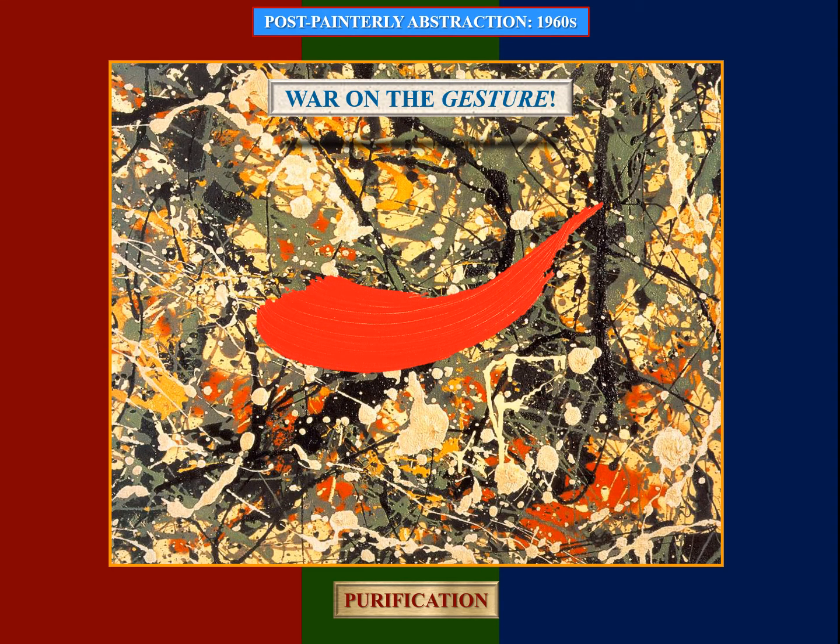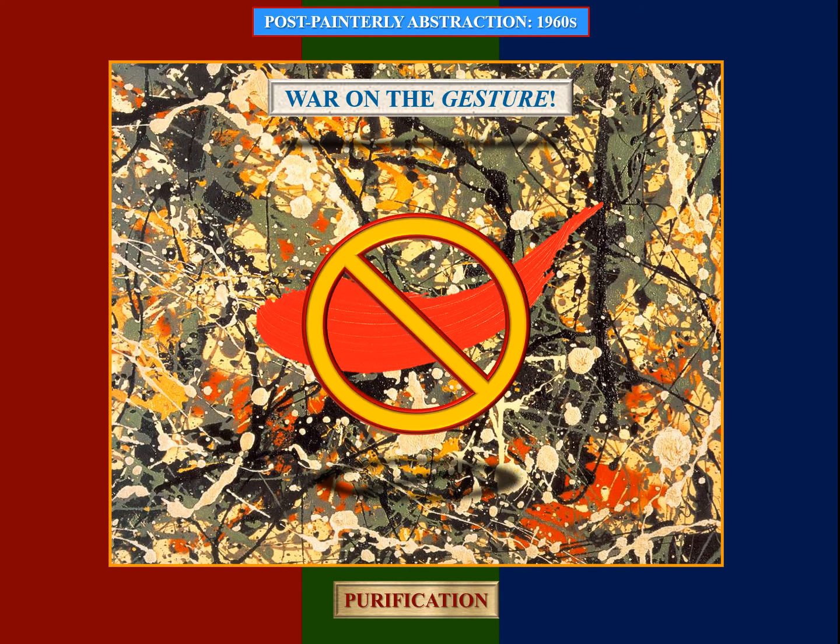The gesture, the paint stroke, the energetic, expressive paint stroke was one of the defining elements to that one branch of abstract expressionism, the gestural branch or action painting. But now the gesture was outlawed because of its implications that were now foreign to the dominating art criticism of the 1960s.